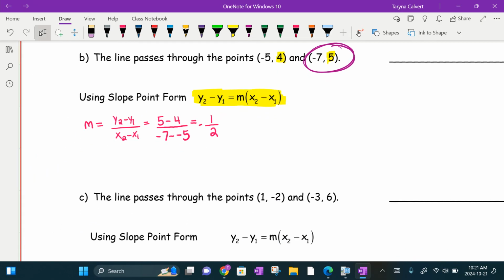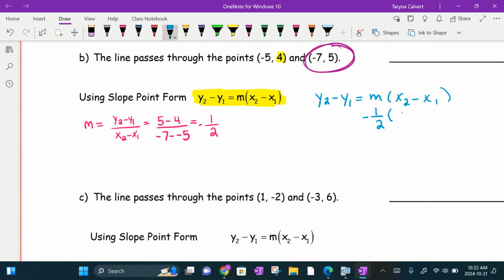All right, so I'm going to now substitute all my values in. So just wait, I'm just going to rewrite it so you guys can see again. Not that you need to see again because it's literally right there. So what am I putting in for m? Negative 1/2. Are you guys okay now with me putting the point in the second one?